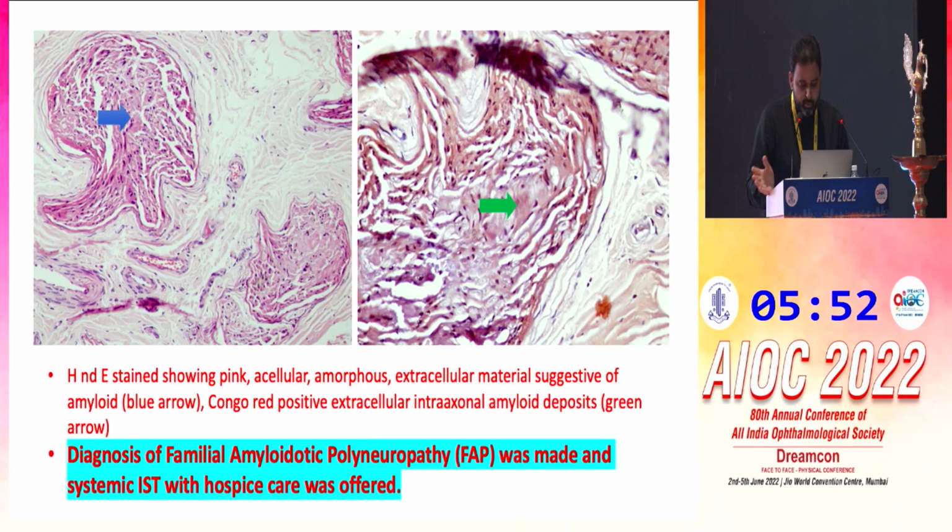After our consult, because they had a big differential of degenerative diseases and a family history also, he underwent ulnar nerve and abdominal fat pad biopsy, and both the Congo red and the H&E showed that he had familial amyloidotic polyneuropathy. So again, this is something where targeted extraocular biopsy is helping in diagnosis based on your clinical findings and your examination.